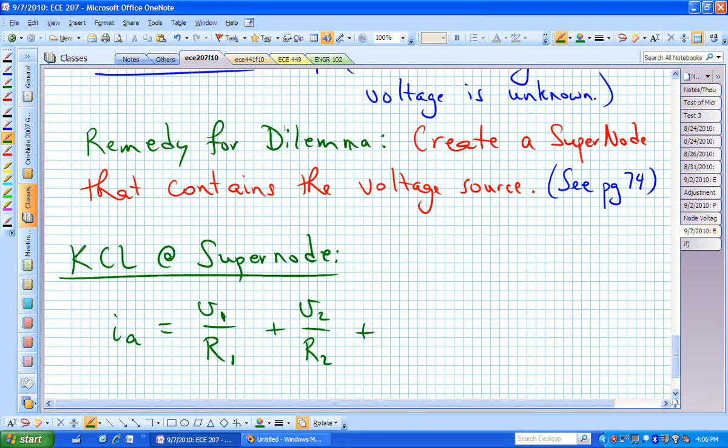What's my current going to the right? I sub 3. I start where I'm at, or I write down the voltage that I'm at, which is node 2, V sub 2 minus V sub 3, which is actually a known quantity, V sub C, divided by R sub 3. Questions on that? That's the current going out of the supernode to the right.